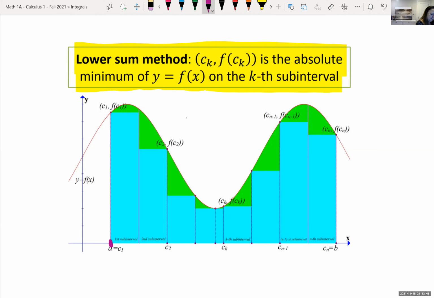So for this first interval in here, the lowest point on that graph is right here. The lowest point on that graph for the second one is right there. So we're trying to find that smallest point for each rectangle. And that's what we would use for the height.